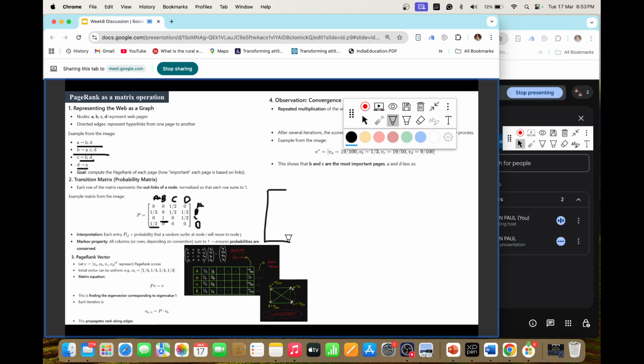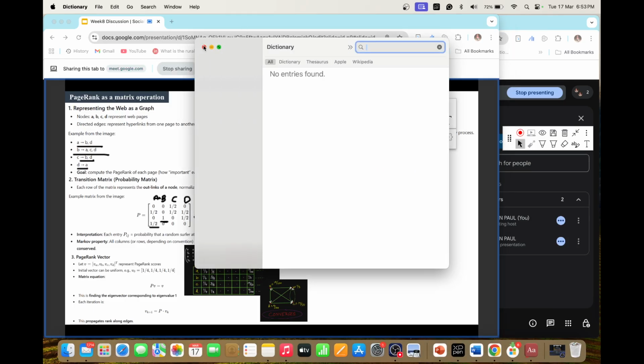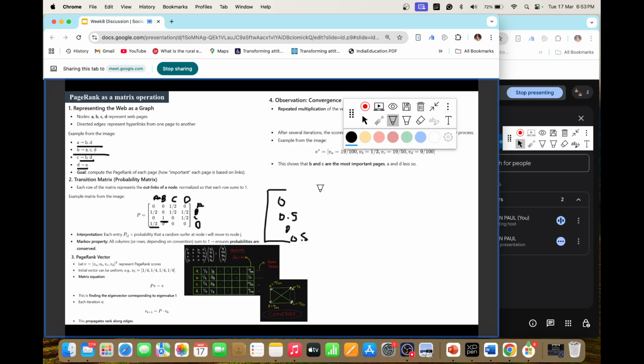So this matrix will be 0, 0.5, that means half, 0 and 0.5. Okay, sorry. And second row it will be A, C and D, that means 1 by 3. Let's take it 0.33.